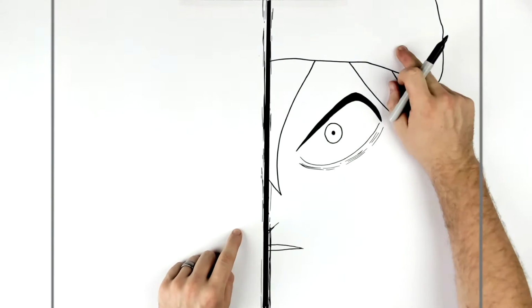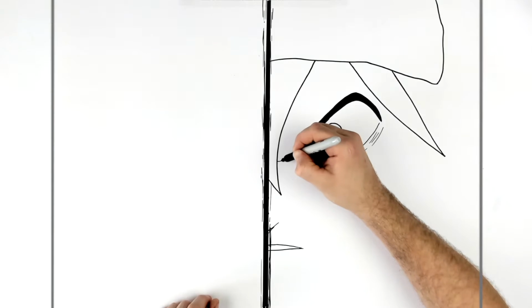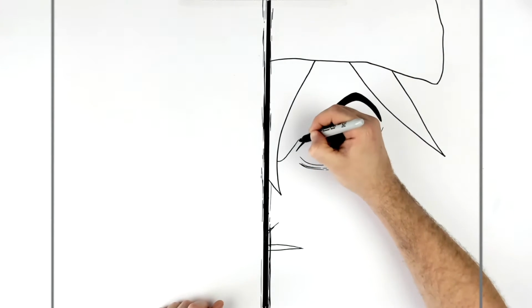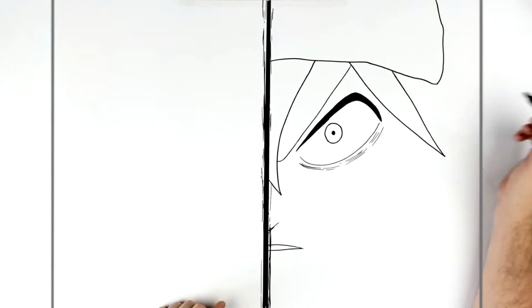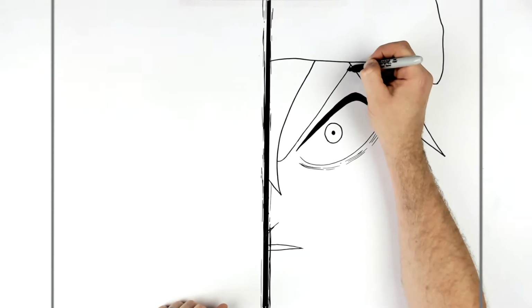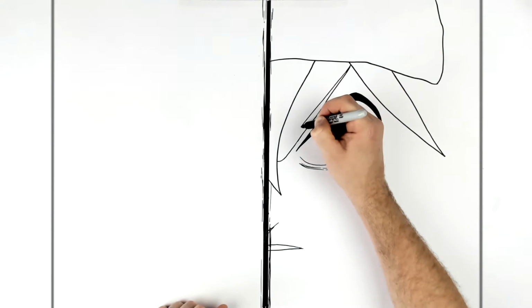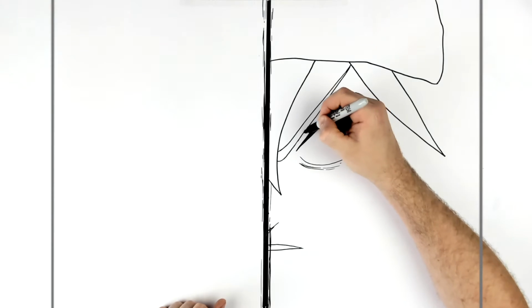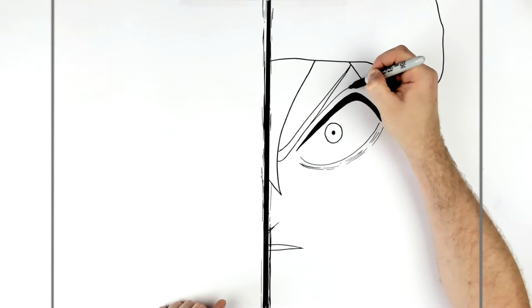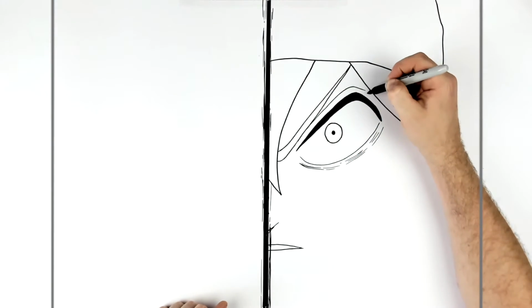And then we can see his eyebrow just in between. Big tick up there. And then it gets thicker as we go down this way. And then he's got an eyelid line up and down this way.